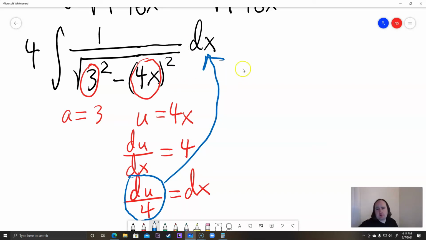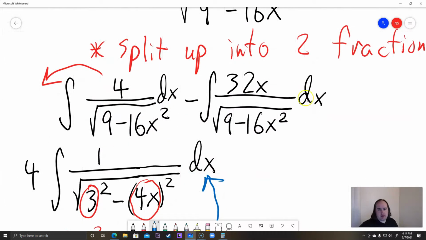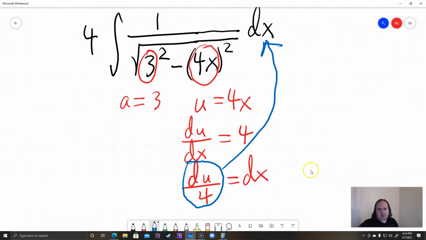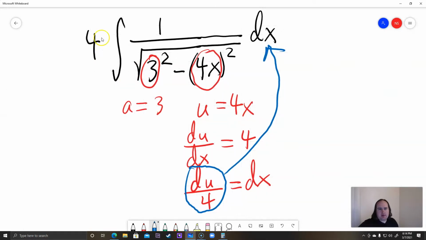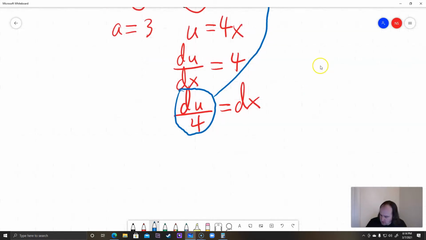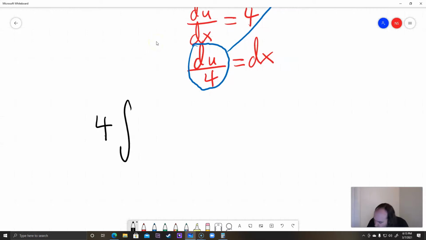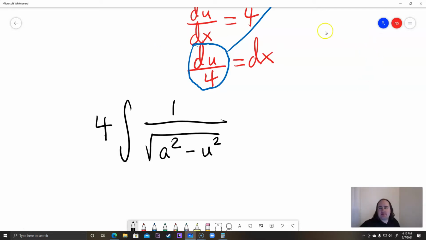Then we can go ahead and plug in du over 4 for dx. Notice I'm just focusing on this first integral right here. I'm not even worrying about the second integral yet. I want to finish this entire first integral, and then we'll move on to the second one. So plugging in, we have a 4 out front, and then the integral of 1 over the square root of a squared minus u squared.